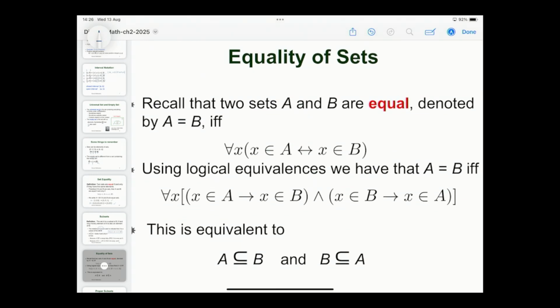When set A is equal to set B, A equal to B, it means that A is a subset of B, and B is also a subset of A. With the quantification here, for all x, if x is a member of A, then x is also a member of B, and vice versa.